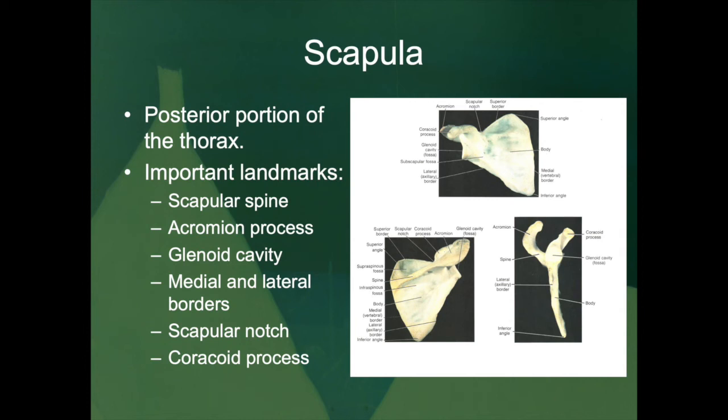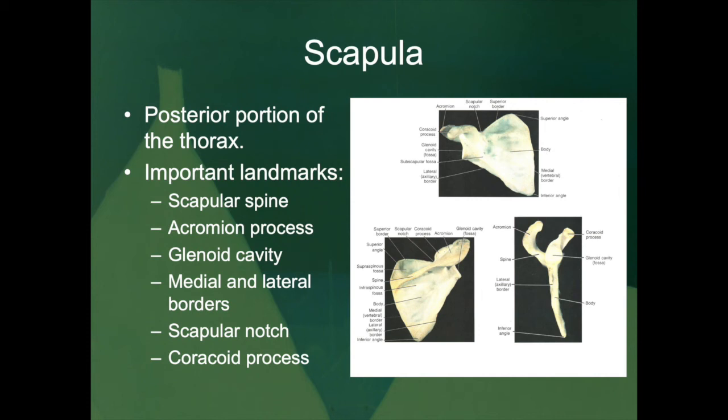What we find is that the center of the body thins quite a bit, can be almost paper thin depending on the age of the individual, and you can see this in this image. I'll expand this image in a couple slides. But when you again move to those borders, it becomes very thick, and that's where we see a lot of different kinds of muscle attachments and ligament attachments.